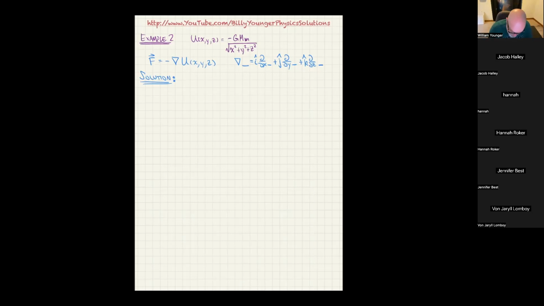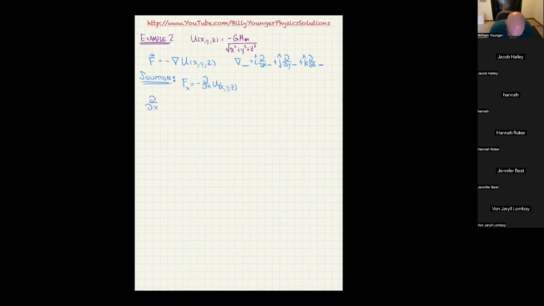I'm going to first say the x component of the force. So the x component of the force would be the negative partial with respect to x of u of x, y, z. So I'm going to calculate the partial derivative with respect to x of u of x, y, z.